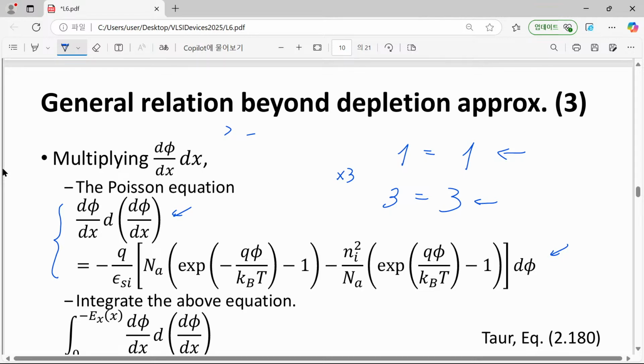In order to find their relation, we must solve the Poisson equation. However, the Poisson equation itself cannot be analytically solved in the general case. So in order to solve that problem or improve the situation, we just multiply some factors to the Poisson equation's left hand side and right hand side.